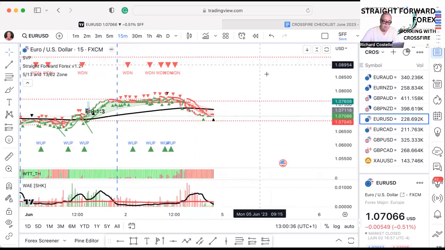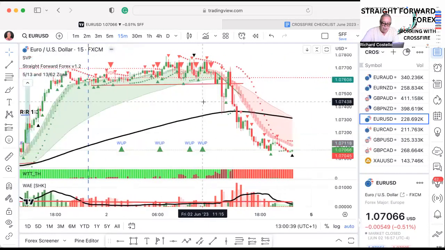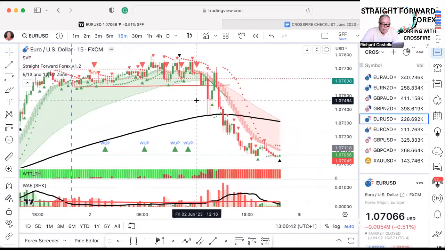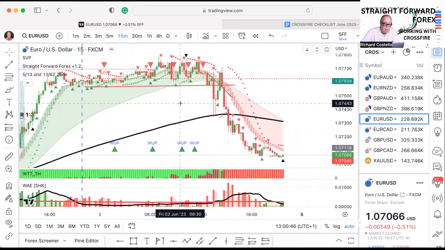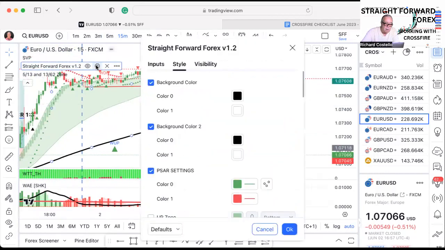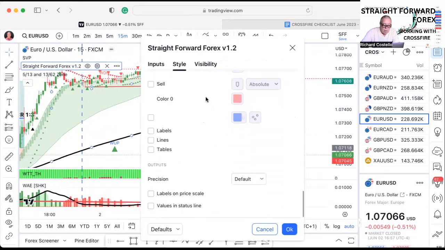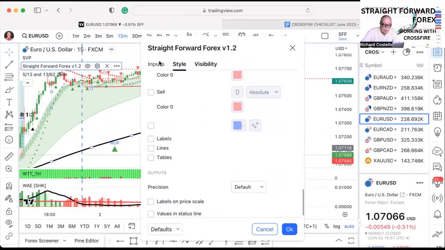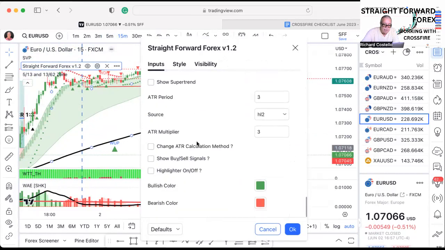What else did I talk about? Let me just reset that chart. Actually, I need to go to my straightforward Forex and look at the settings and see if I've actually got this on. Look at inputs, go down to the bottom.